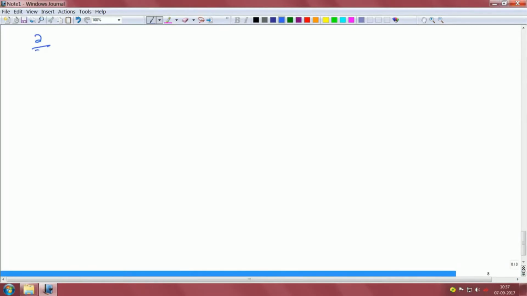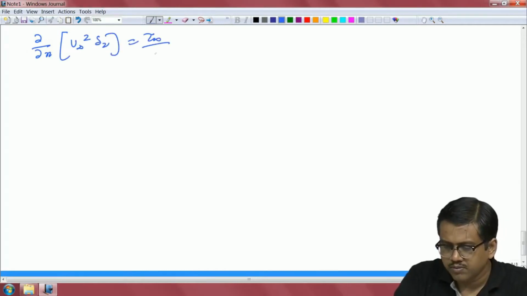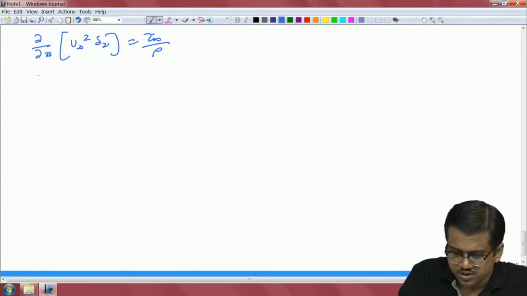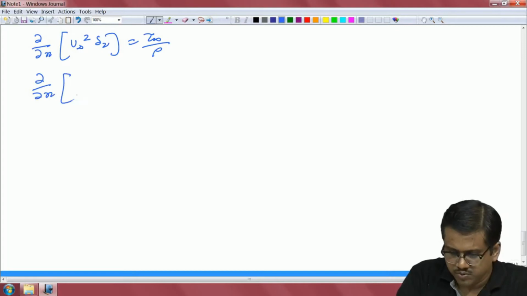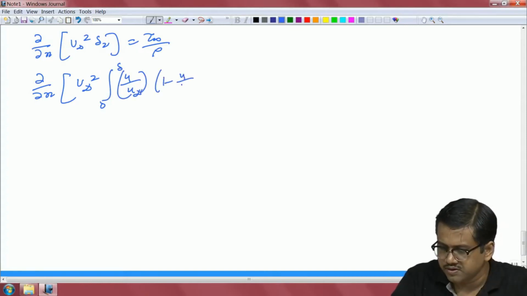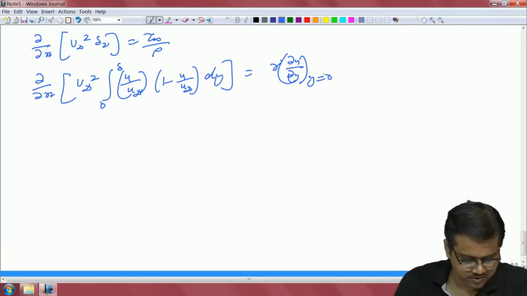So, therefore, if we write tau wall by rho, that will be the form of the expression. Now if we put this together, this is basically what we wrote earlier, remember, u by u infinity times 1 minus u by u infinity dy, plus du by dy at y equal to 0.